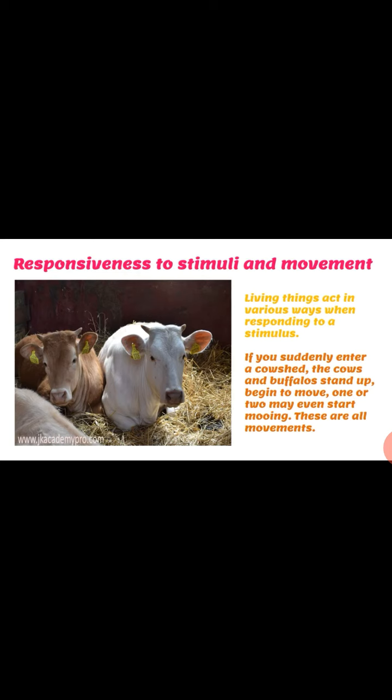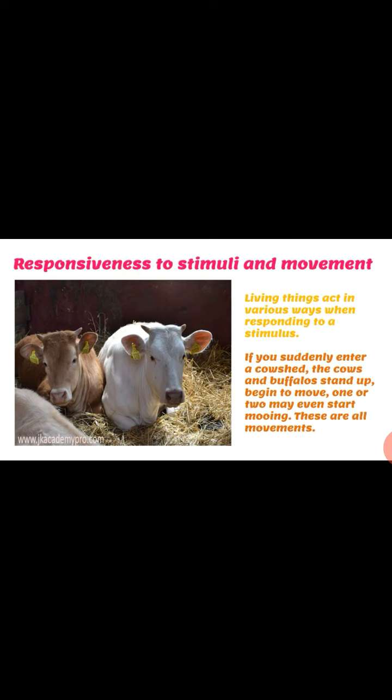Plants move according to their convenience, right? So here one example has been given. If you suddenly enter a cow shed, the cows and buffaloes stand up, begin to move a step or two, may even start moving. These are all movements.